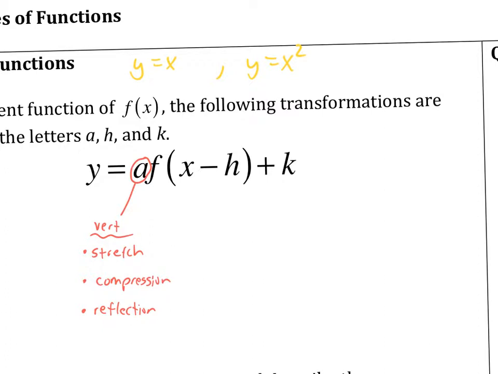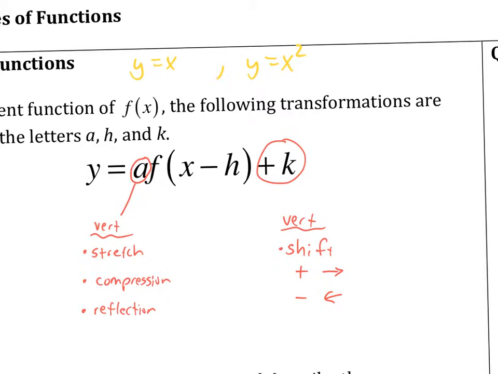So outside is dealing with vertical, outside the function, not inside the parentheses. Which means since plus k is outside the function, this also is vertical. But this is a vertical shift. And the key is positive goes up, negative goes down.